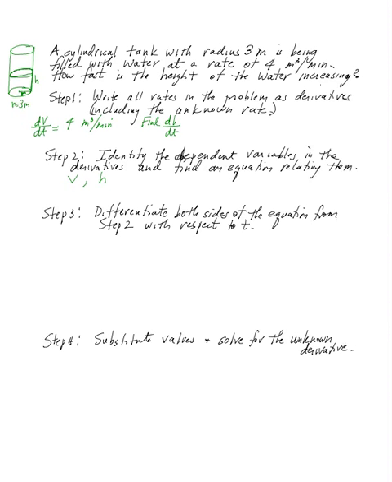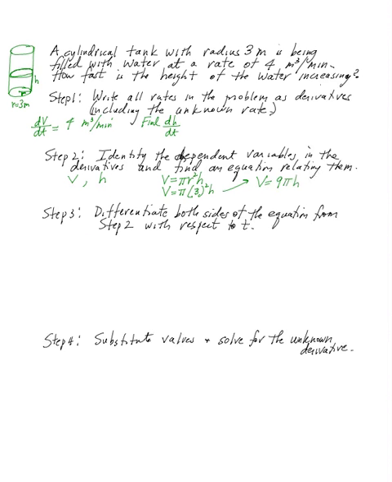So Google volume of a right circular cylinder, and you will get volume is the area of the base, which is pi r squared, times the height. So in our case, the volume is pi times 3 meters squared times the height, or 9 pi times the height.